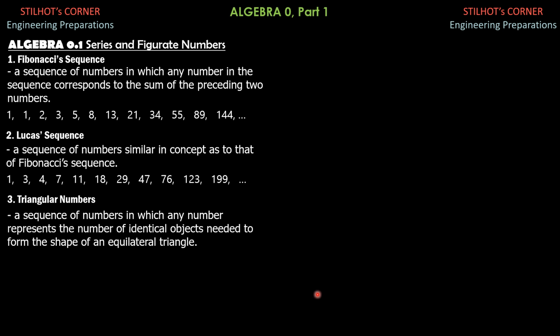So we notice that this sequence is also the sum of counting numbers, the sum of 1 plus 2 plus 3 plus 4 plus 5, and so on and so forth. So these numbers would be 1 because the topmost object consists of only 1.